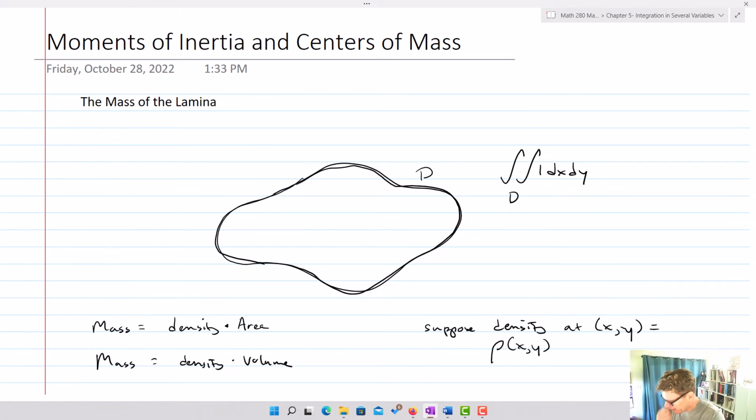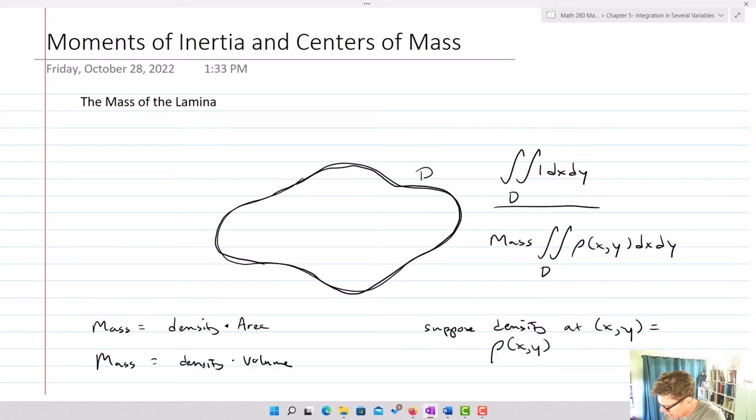So that's our density function. Consequently, our mass is going to equal this area times density, and so that's going to actually be the double integral of rho of x, y dx dy.